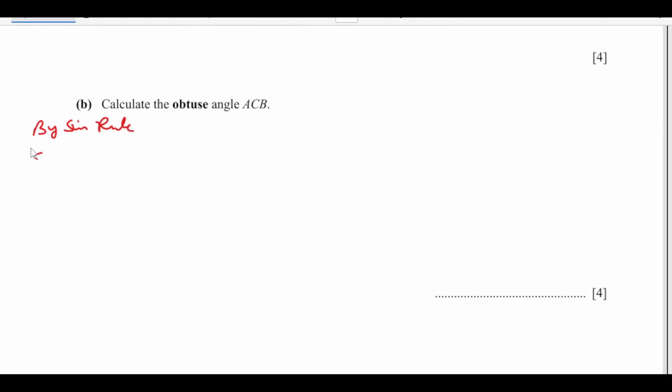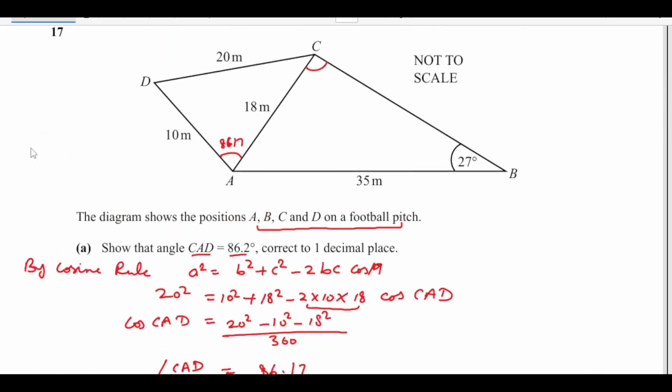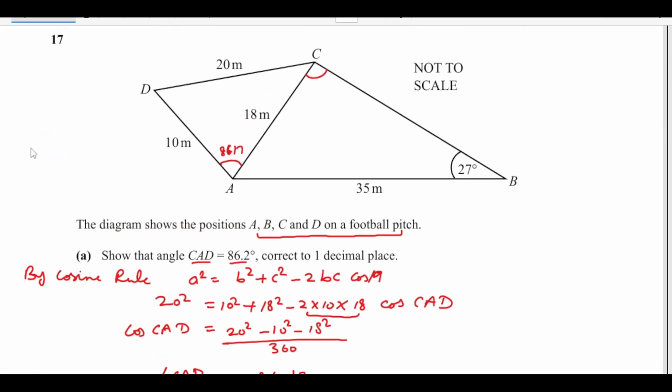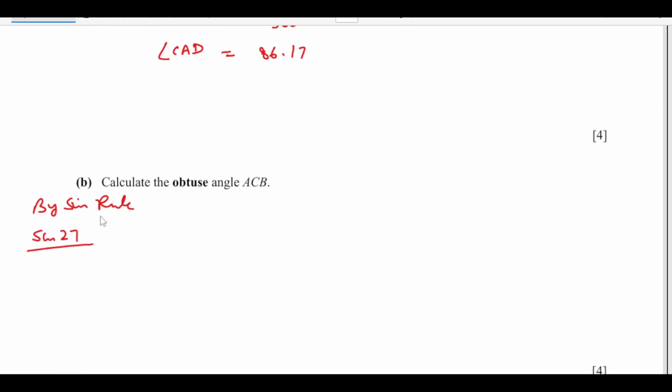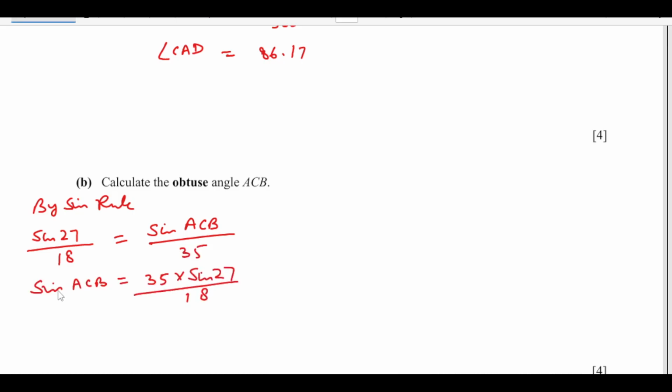we have sine 27 over the side opposite to that, which is AC, which is 18, equals sine of ACB over 35. So sine of ACB is going to be 35 times sine 27 over 18, right?